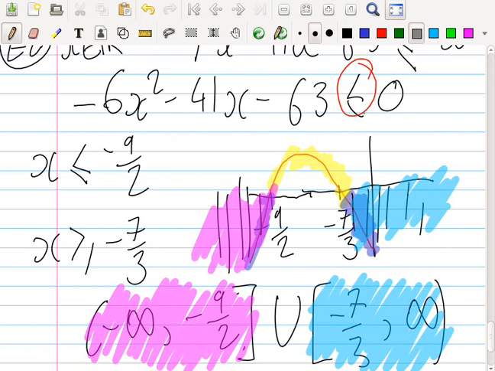If you look at the inequality sign, it's less than 0, which means you want your quadratic to be negative. And your quadratic's only negative underneath this y-axis here. If this was greater than or equal to 0, you'd want positive, which would be the yellow piece.